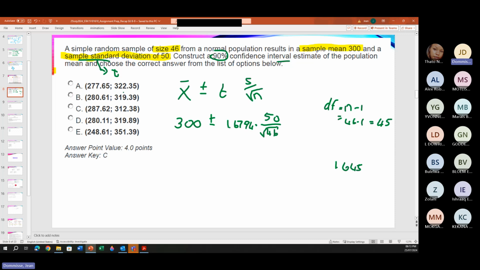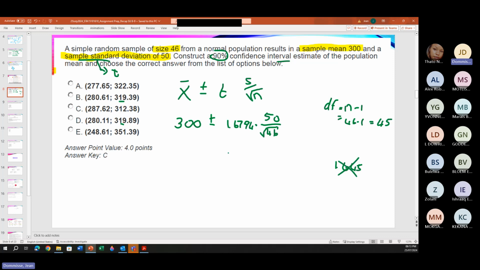You can see some of these are very close, between 319 and 322, also very close. So it might be very close when we look at the Z and the T.